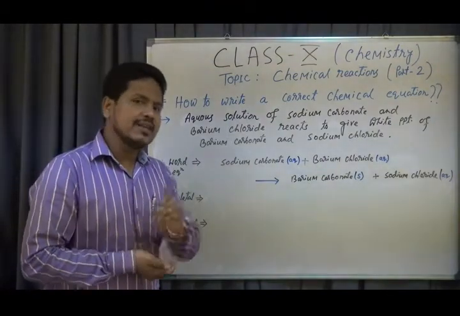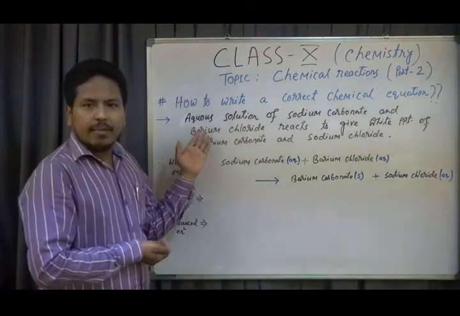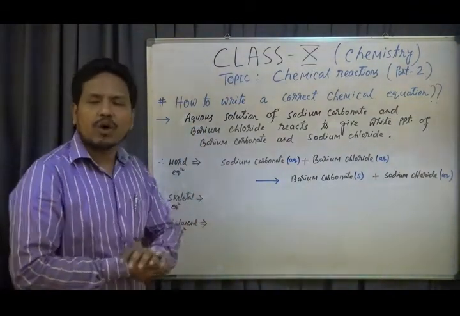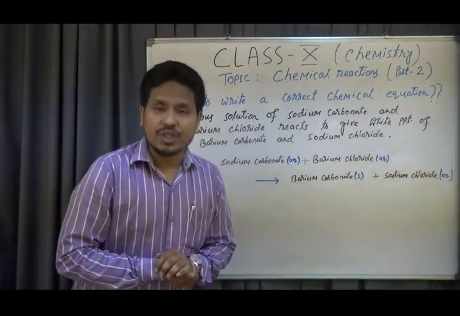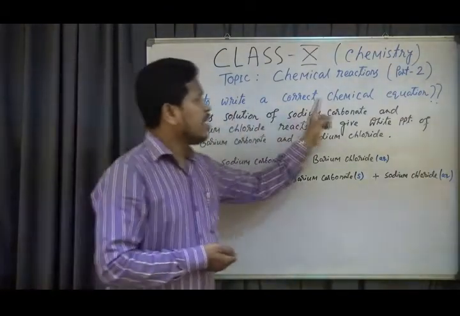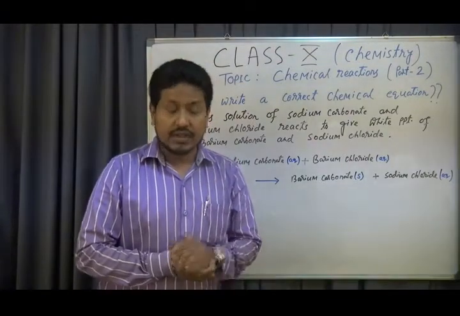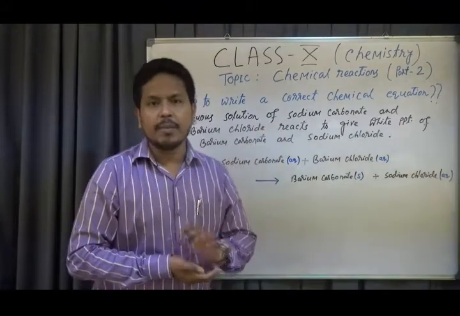Already I have discussed in the previous class, my dear students, that a chemical reaction can be written in chemical equation form. A short method of representation of a chemical reaction is called a chemical equation. So today I am going to discuss how to write a correct chemical equation, that is the most informative chemical equation. That equation would reflect details about that particular chemical reaction.